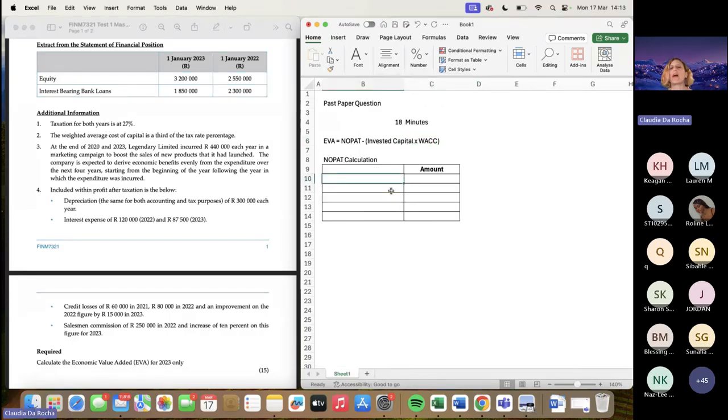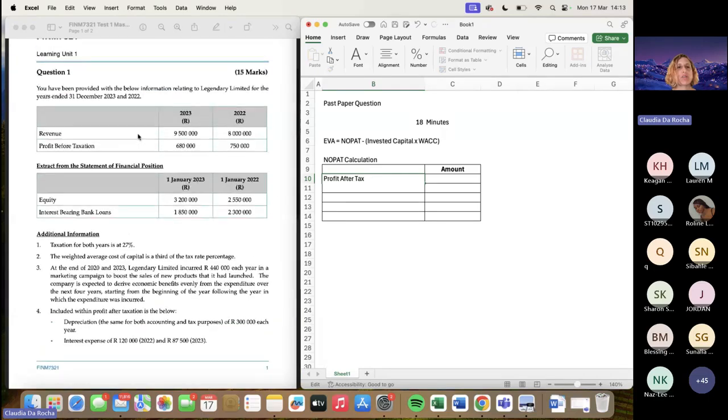All right, so with our NOPAT, the first thing we always start with is our profit after tax. Always. That's what we start with. So in this question, they didn't give us our profit after tax. They gave us our profit before tax. So what we need to do is calculate. We have to take our profit before tax for 2023, because that's what we're doing this for.